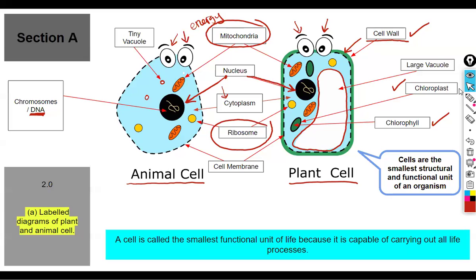One thing I failed to mention is that in both the plant and animal cell, you'll see a kind of dashed line going around the animal cell. Look at it carefully. That's called your cell membrane. The plant cell also has a dashed line, a cell membrane. The cell membrane is like a barrier. It's like the security system of the cell.